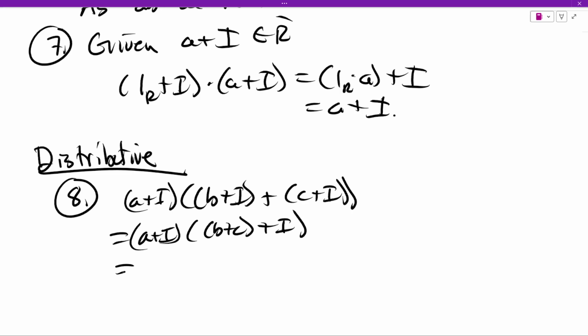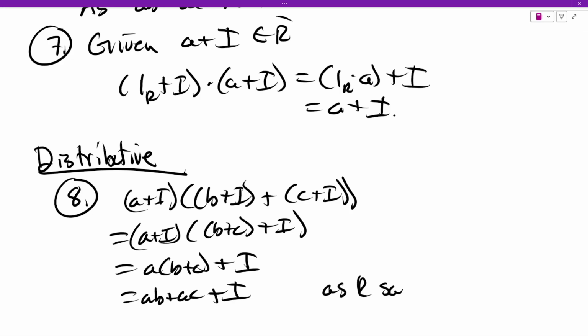Now we apply the multiplication rule. I have to multiply the representatives, the elements on the outside. And since the multiplication in R is distributive, we can rewrite this like that. So R satisfies the distributive property.